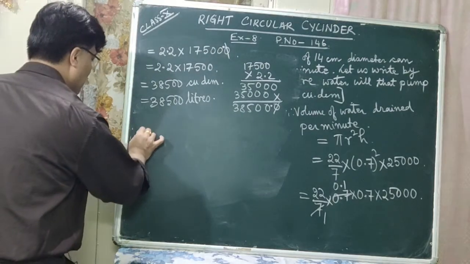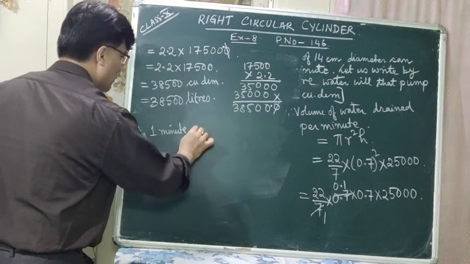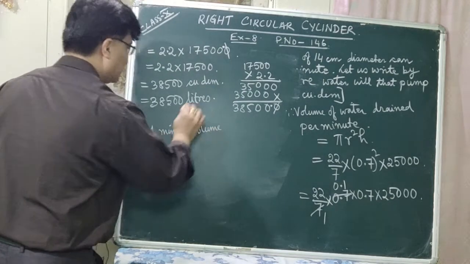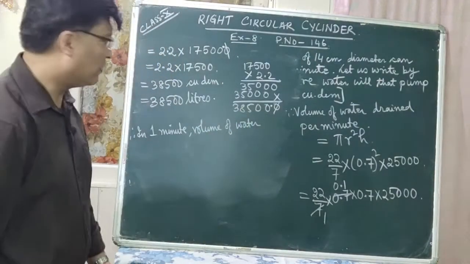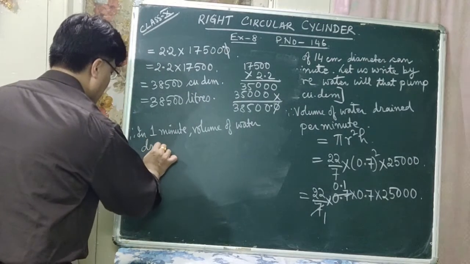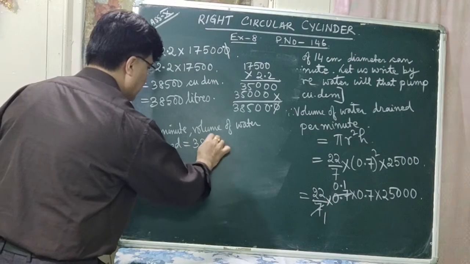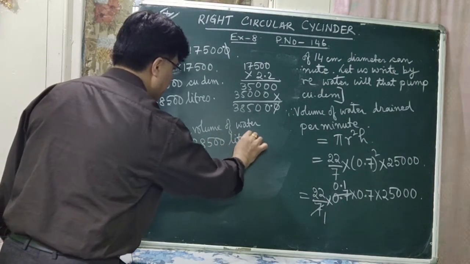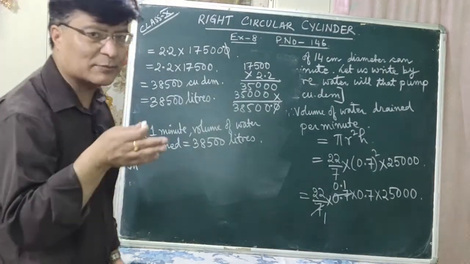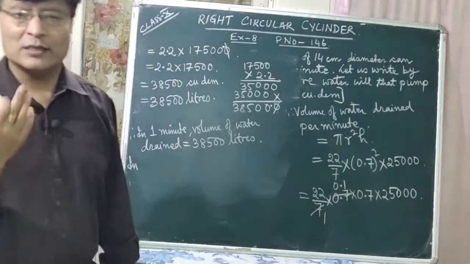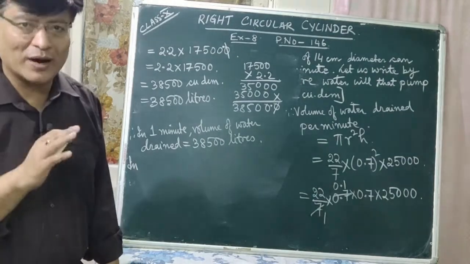So therefore in 1 minute, volume of water drained is equal to, how much is that? 38500 liters. Okay, so in 1 hour you have to find out how much kiloliter water will be drained after 1 hour. 1 hour means 60 minutes.